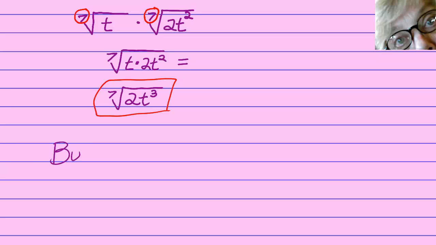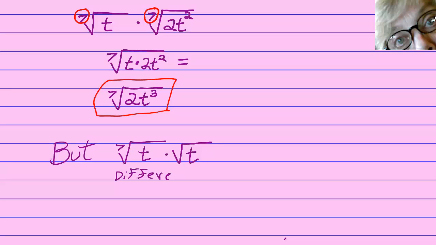But what if the indexes are not the same? How about this problem? The 7th root of t times the square root of t. The indexes are different.